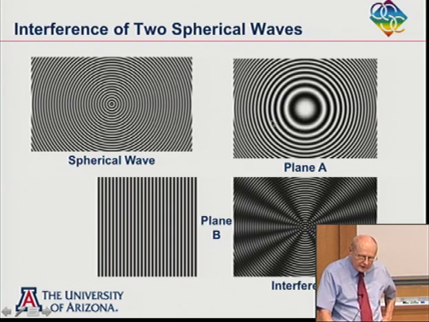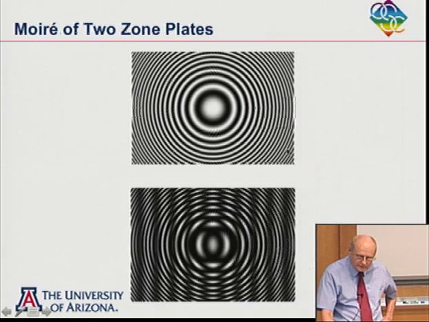So if I take two patterns like this and find the moiré between them, that would be like interfering two spherical waves. It's sort of like looking in this plane right here. And lo and behold, it becomes straight fringes.